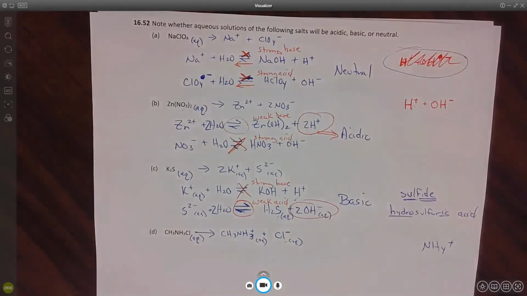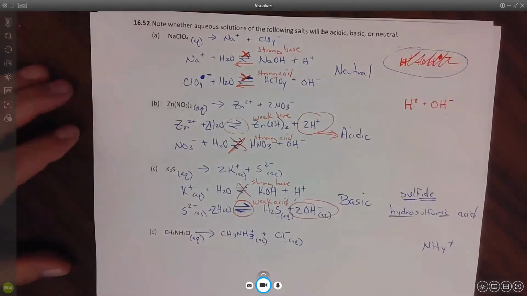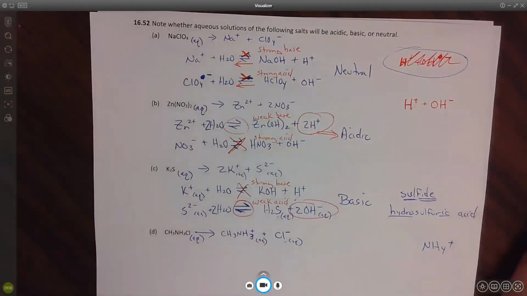So now, is this solution going to be acidic, basic, or neutral? Do you recognize any ions that will not hydrolyze?